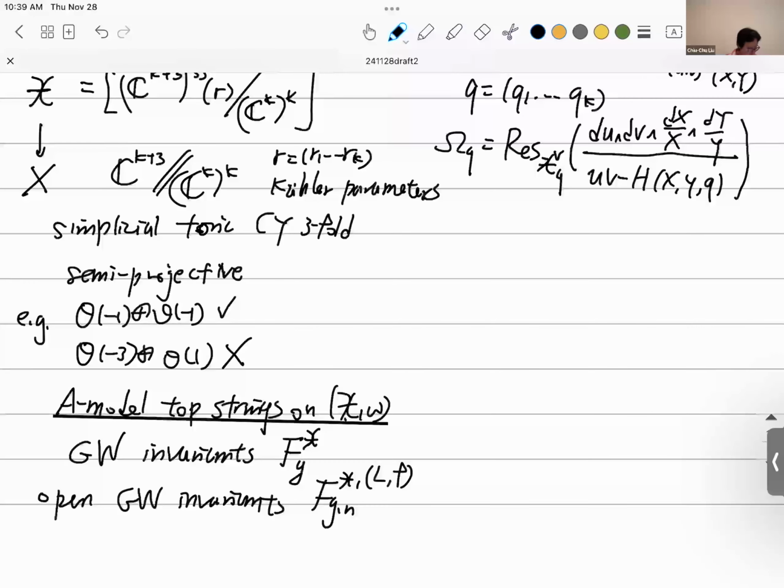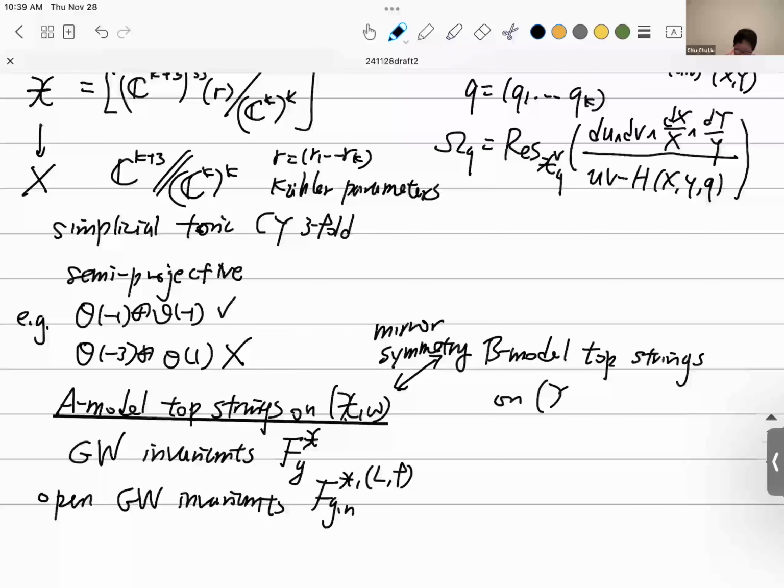So under mirror symmetry, this should correspond to B-model topological strings on this mirror. For example, let's say we fix some Q. The genus zero invariants are just classical period integrals of this holomorphic 3-form.